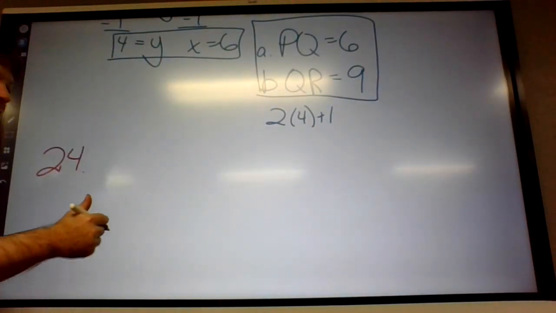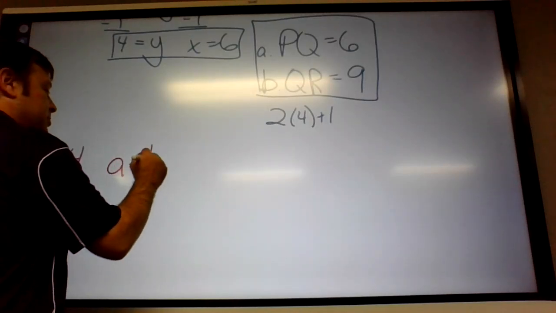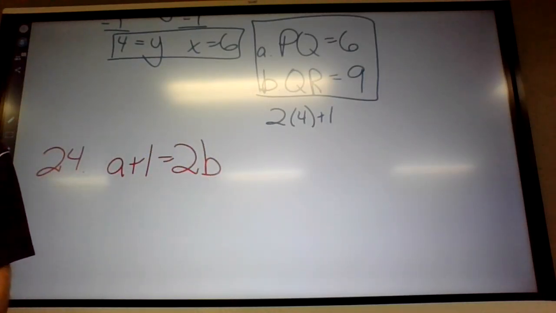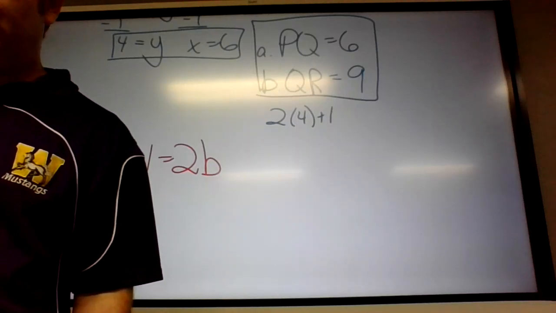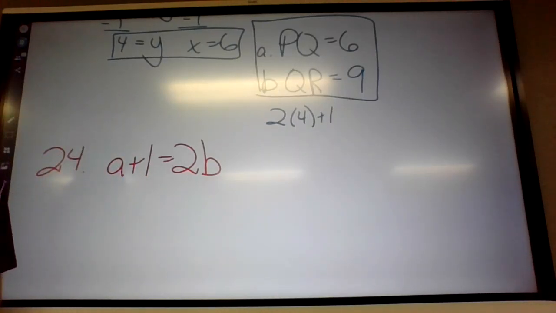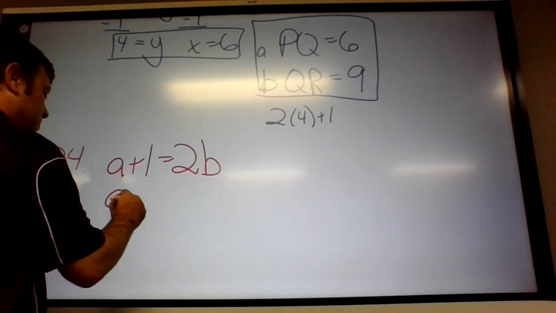So a plus 1 equals 2b. Is that solvable? No. And on the other one it says QV equals that, VS equals that. Same thing, QV and VS are two halves of the same diagonal, so they're the same. a minus 1 equals b plus 1.